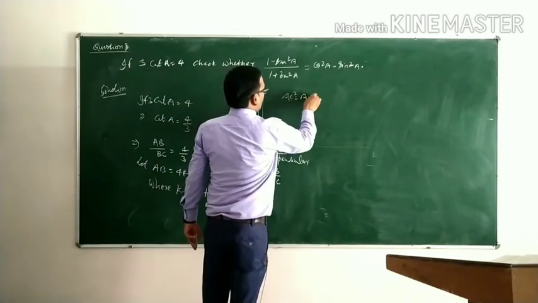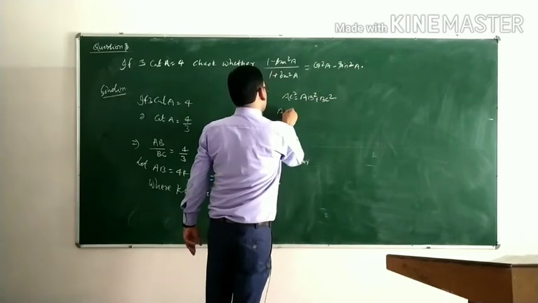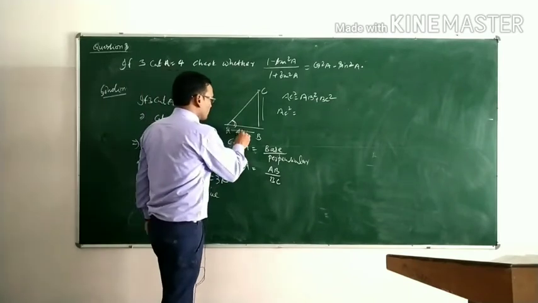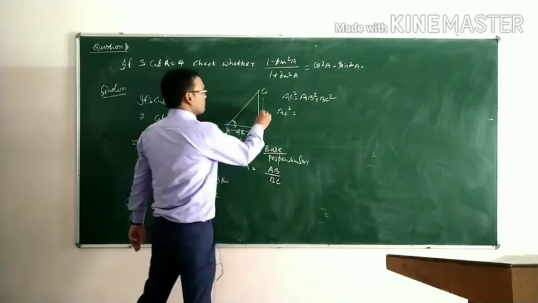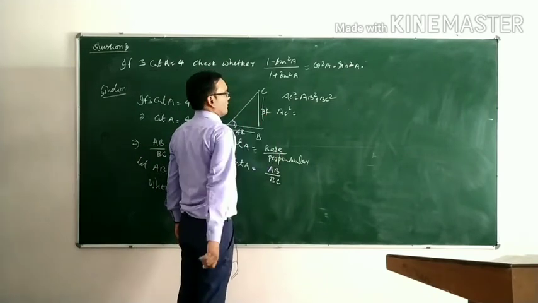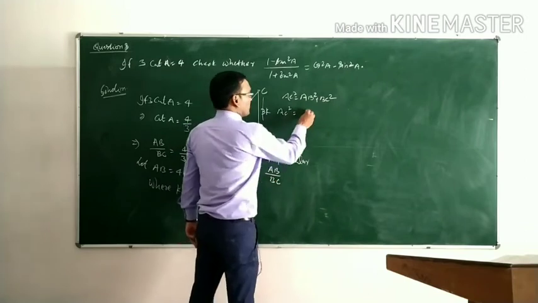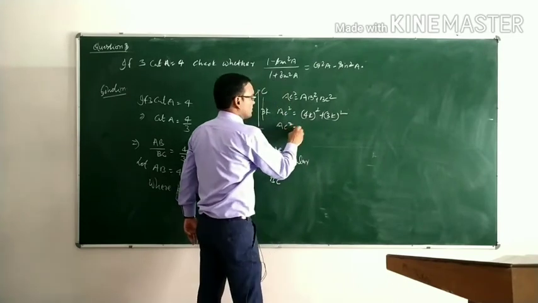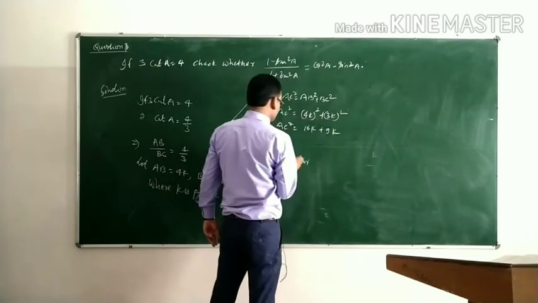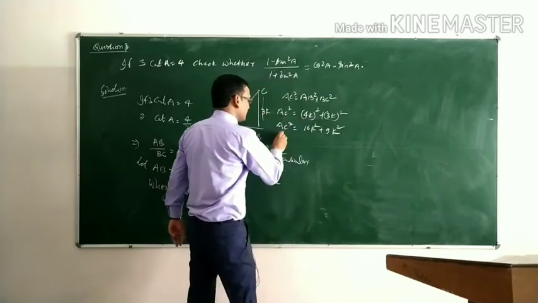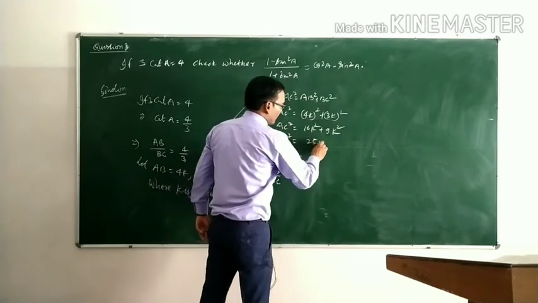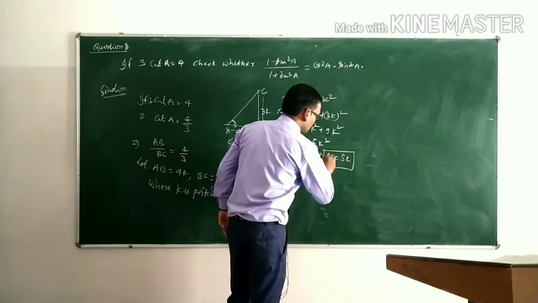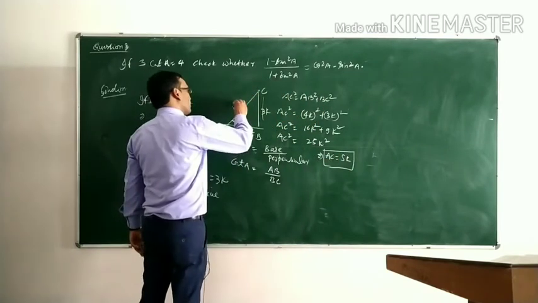AC square equals AB square plus BC square. The value of AB is 4K and the value of BC is 3K, so AC square equals 4K square plus 3K square, which is 16K square plus 9K square. AC square equals 25K square. This implies that AC equals 5K.